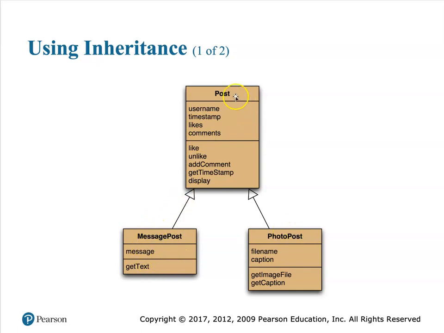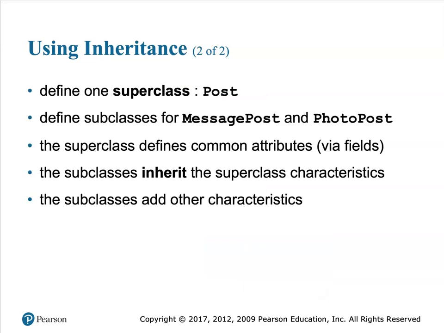A photo post has username, timestamp, like, and comment, but it doesn't need to live here. It lives in the superclass, sometimes called the parent class, but more correctly called the superclass. So these subclasses will inherit those characteristics. They will also inherit those methods, so I don't need to redefine them. And it's only the parts that are unique to the subclasses that need to be defined in the subclass files.